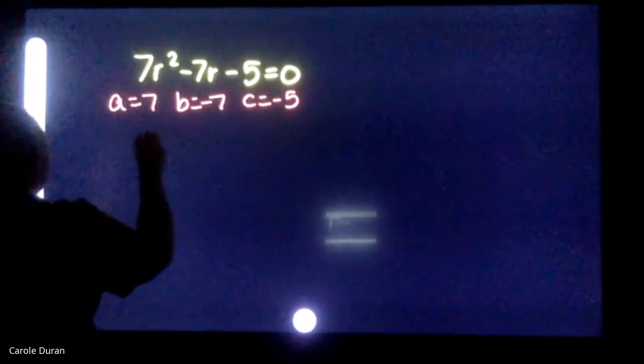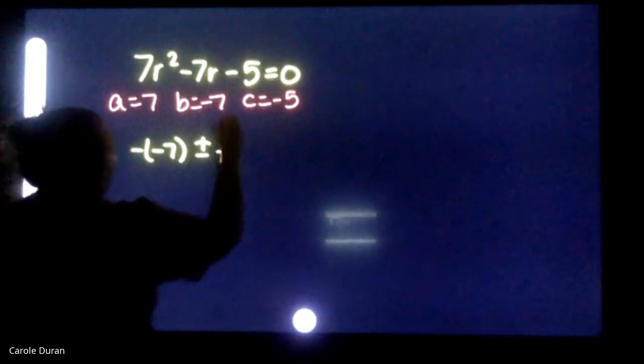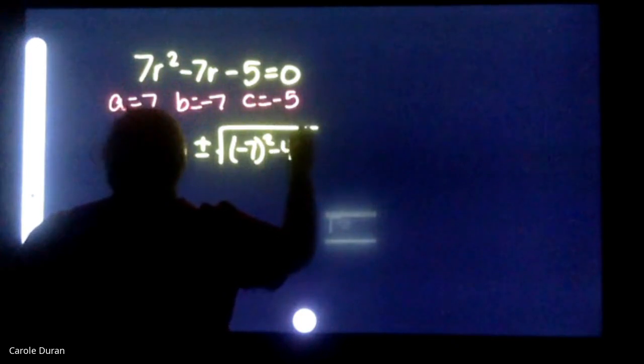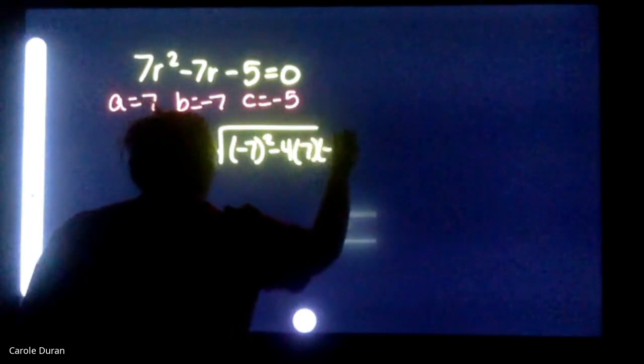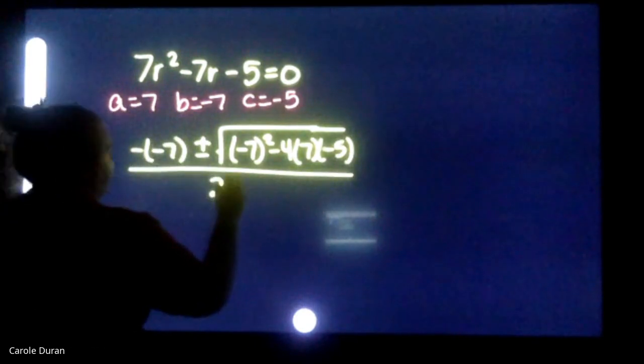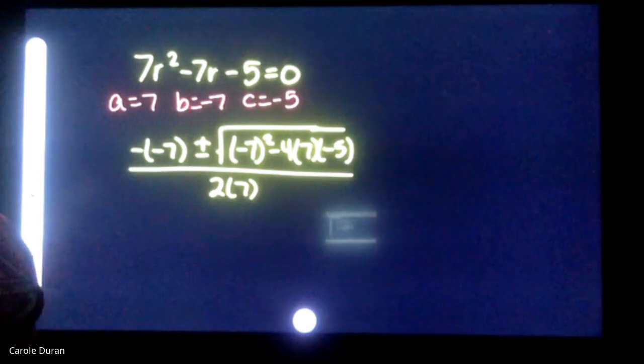When I do, I get the negative of negative 7 plus or minus the square root of negative 7 squared minus 4 times a times c, and then all over 2 times a. From here, we go ahead and simplify.